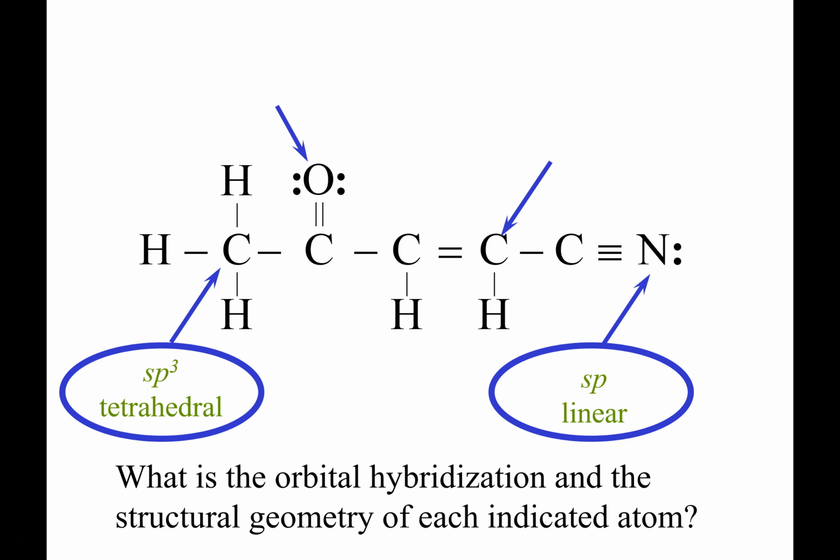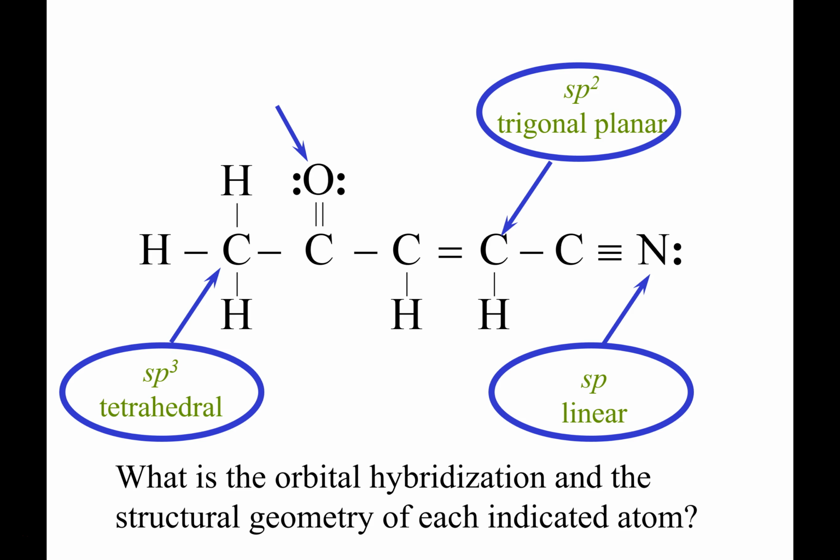So what about this carbon atom here? How many sigma bonds? 3 sigma bonds, no lone pairs of electrons, so you're looking at 3. So what's its orbital hybridization? sp2, yep. Shape? Trigonal planar, yep. And then the last one up here, oxygen, how many sigma bonds?